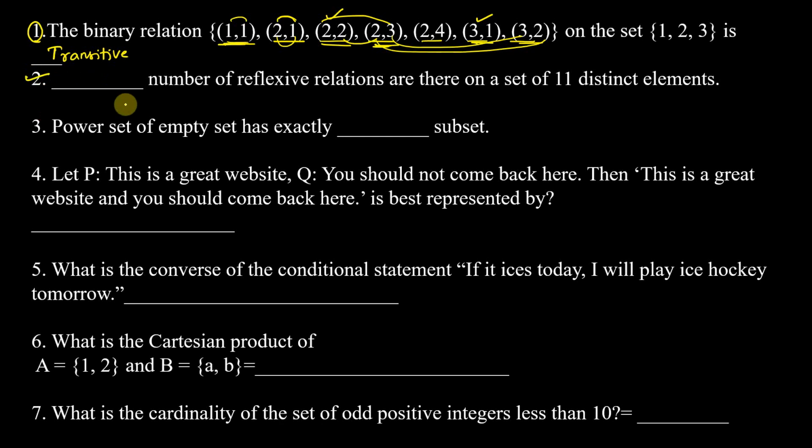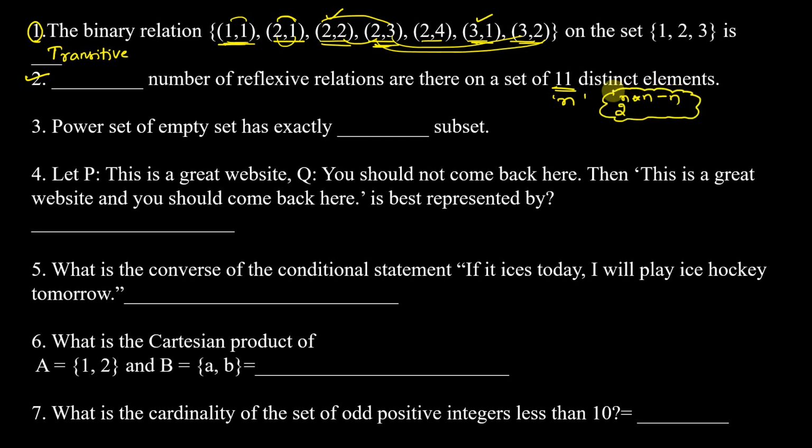The second question: dash number of reflexive relations are there on a set of 11 distinct elements. The question is about how many reflexive relations there are. If there are n elements, the number of reflexive relations is 2 power n into n minus n. It is a straightforward formula.